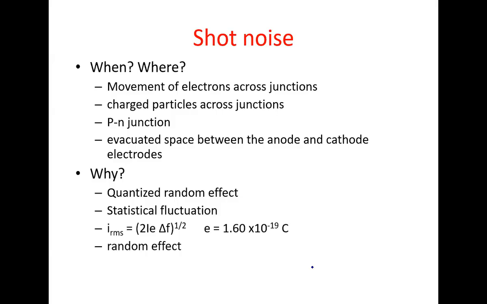We know delta f, don't we, the bandwidth, and e, the charge of the electron. Let's be clear: the small i is the noise, the shot noise that we are talking about.